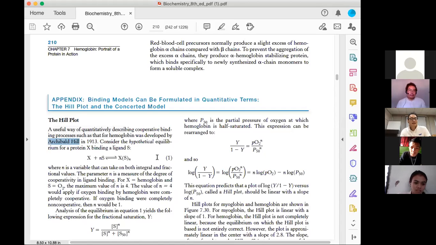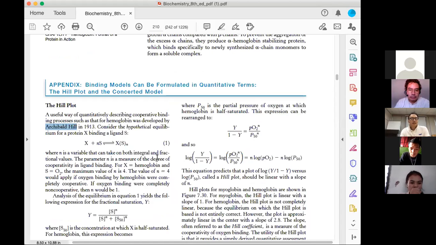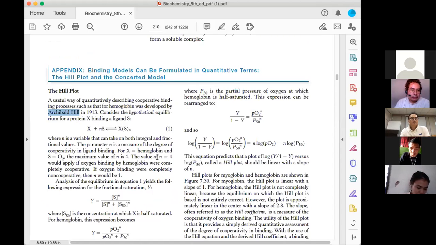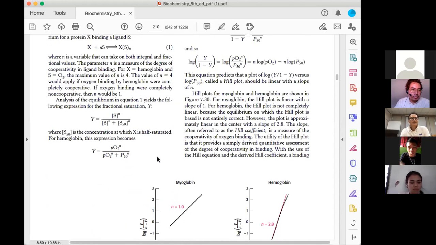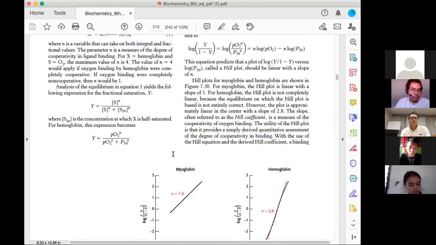This person actually got a Nobel Prize in 1921. He developed a formula that gives you the quantitative measure of cooperativity, that is called N.